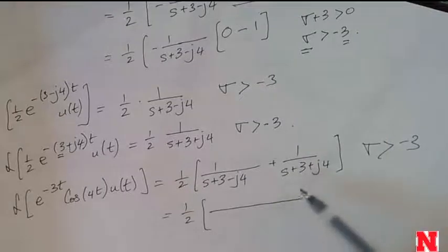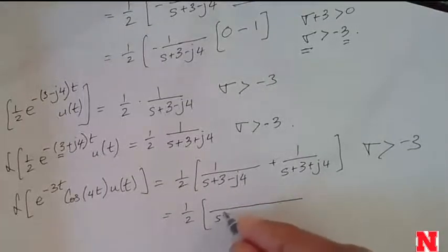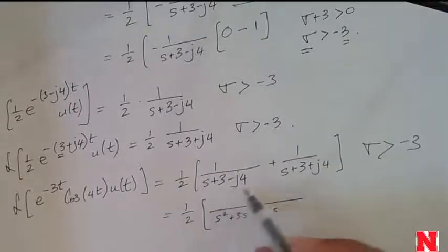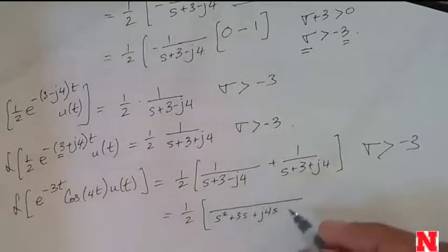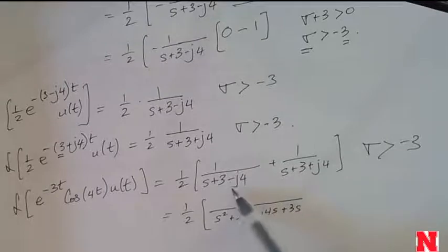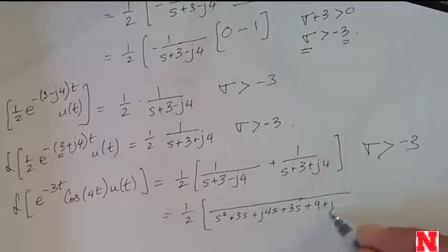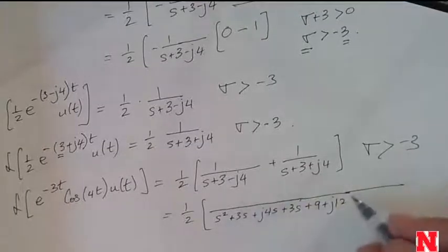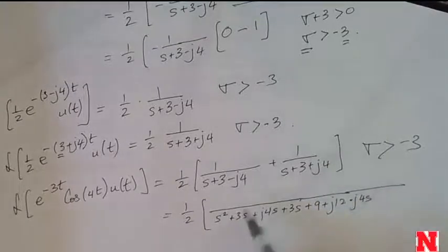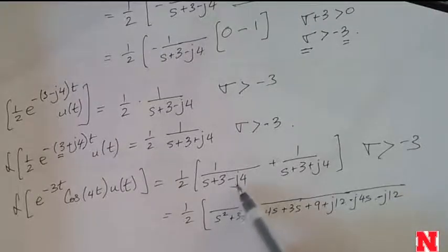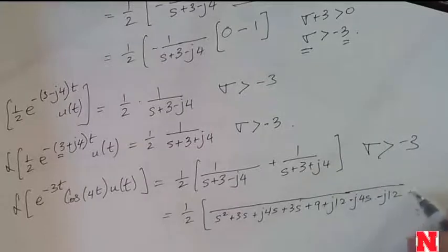let's see, let's just do it. S squared plus 3s plus j4s, and then plus 3s again, plus 9 plus j12 minus j4s minus 12j and then minus j squared 16, so it's plus 16.